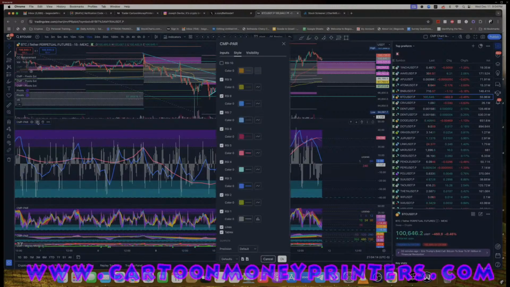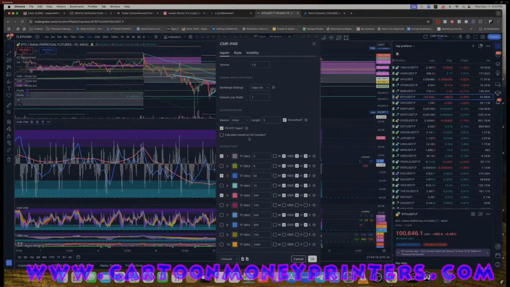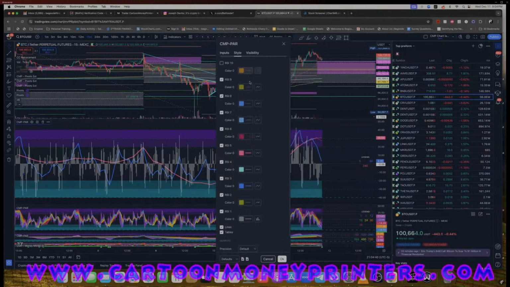Again, this is a very simple setup. All you're going to do is, for right now, use my colors, and then you can change them later. It doesn't really matter which numbers, but I'm just using 1, 3, and 5. So 1 is the 5-minute. And one thing that I've changed, instead of using line, I went to style.